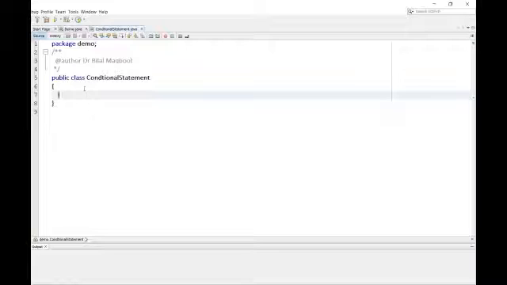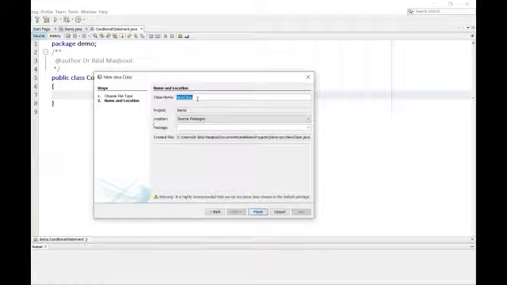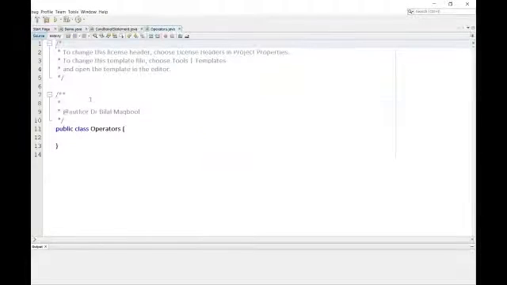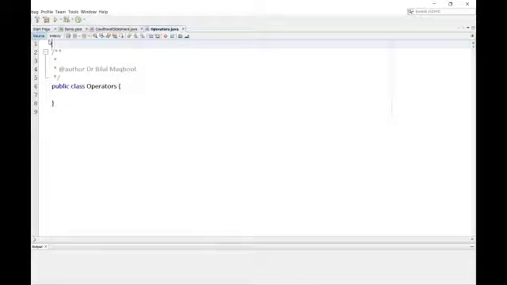We have a particular class here, so let's create one more file by the name of operators. One file is being created by the name of operators. Let us remove these spaces so that it will be viewable.